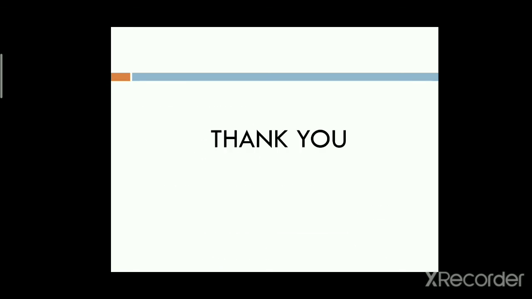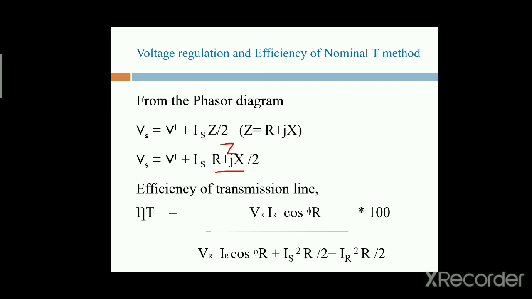Okay, what is the formula for voltage regulation? It is the difference between the sending end voltage Vs and receiving end voltage Vr, divided by receiving end voltage: Vs minus Vr by Vr into 100.